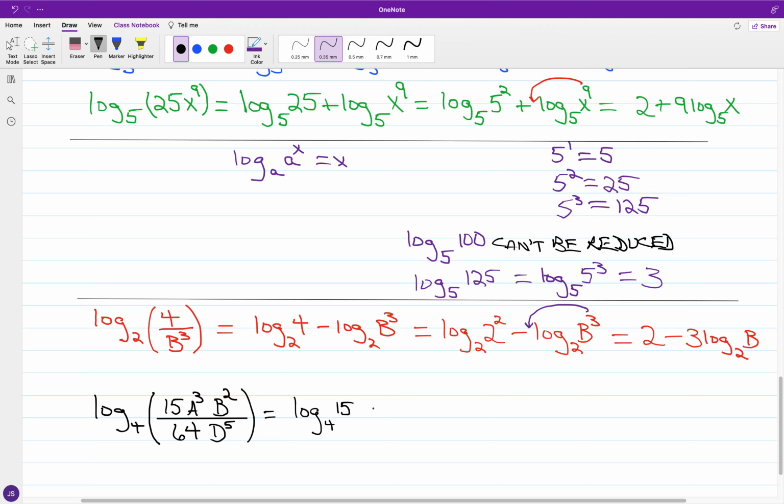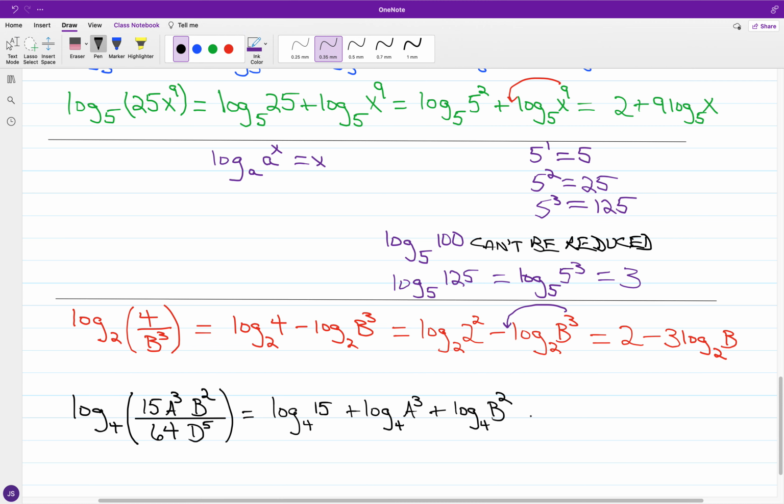Then a cubed is at the top, so we have plus the base 4 logarithm of a to the third. And b squared is also at the top, so we have plus the base 4 logarithm of b squared.